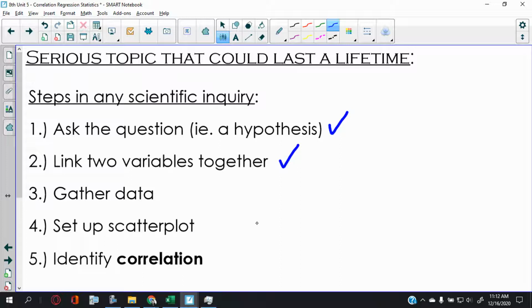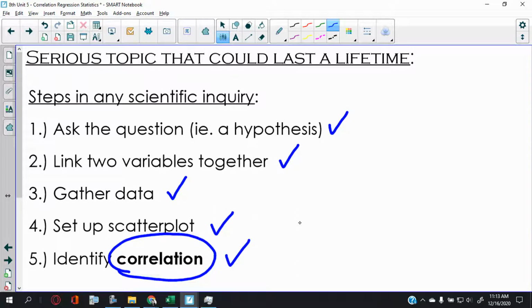We identify our two variables, we link them together, and then we start gathering data. Someone might go around the school measuring people's height, having them step on a scale, and recording that number down, then complete a scatter plot. And this is what we're going to talk about today: what exactly is the correlation here?